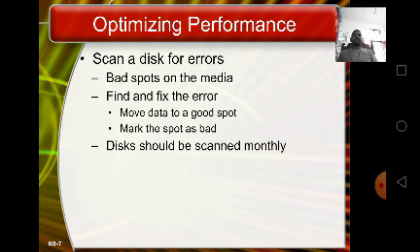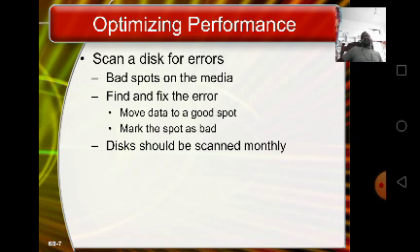Scanning a disk for errors. Another way to optimize disk performance is to scan the disk for errors, fix the errors, and possibly recover data that has been lost or corrupted because of a disk error.